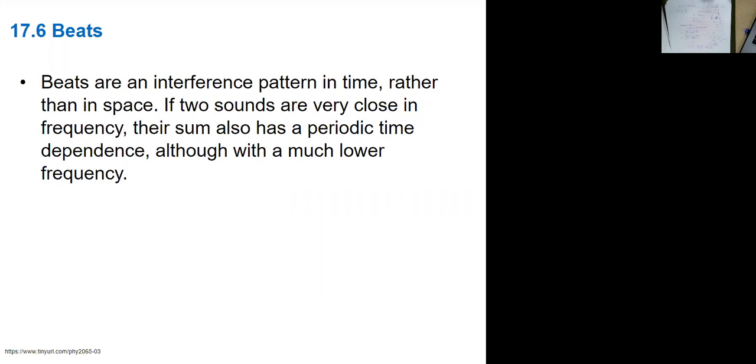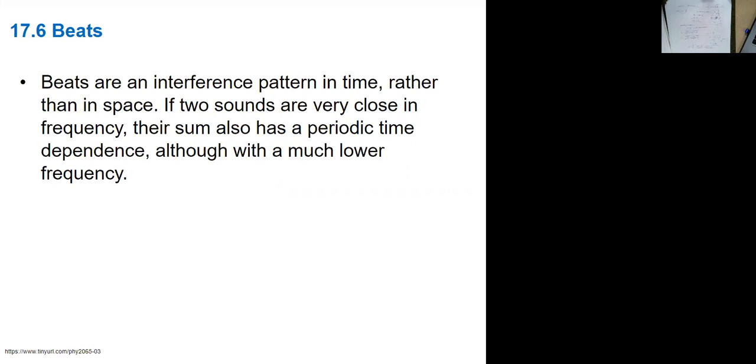Quickly, the next section here talks about beats. I think we have talked about the difference in paths. If two waves arrive at the same location with different paths, there's a change in phase.